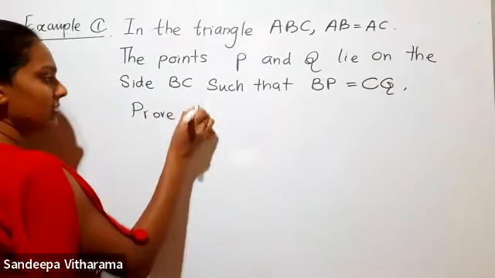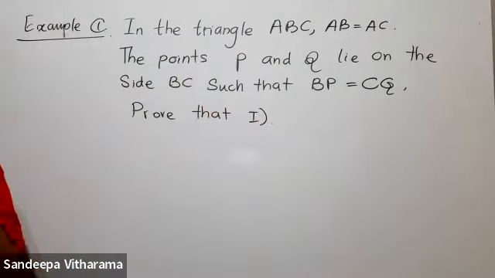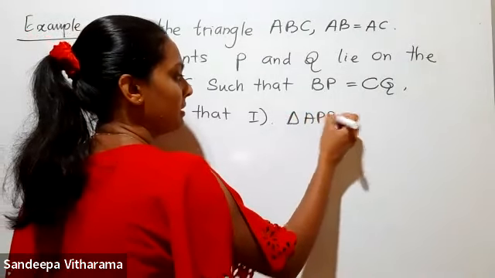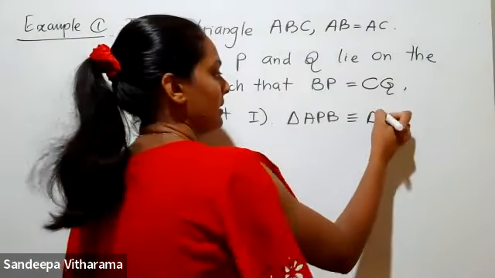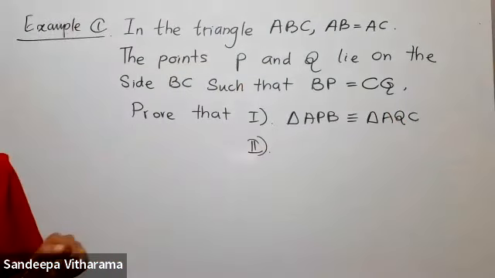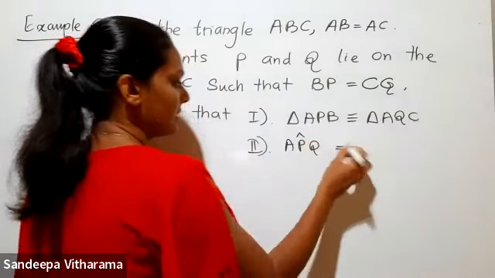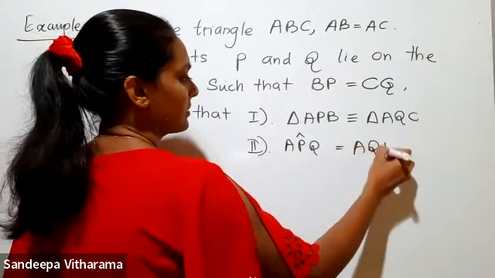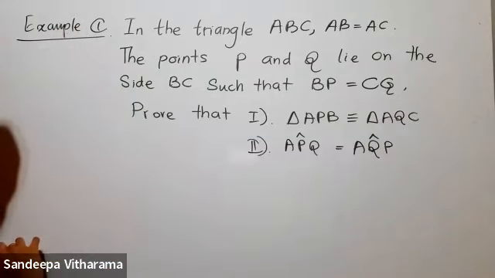Prove that, first part, triangle ABP is congruent to triangle ACQ. Second one, angle APQ equals angle AQP. And draw the diagram.